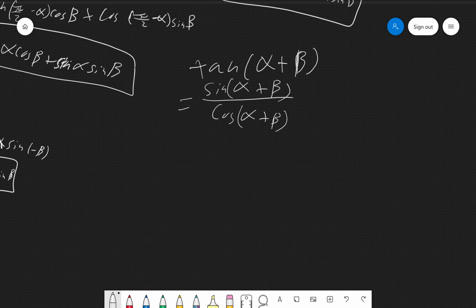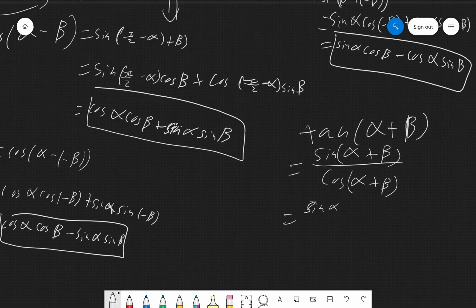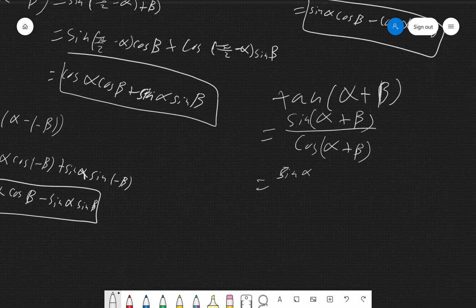That's all you really need. By the way, you get the double angle identities by setting alpha equal to beta, and boom.